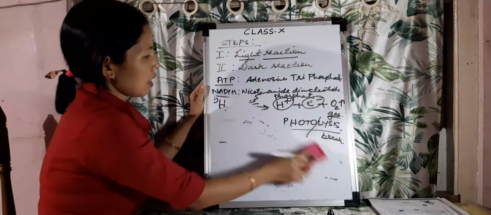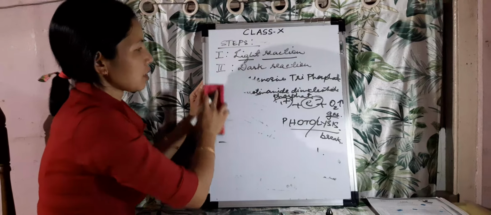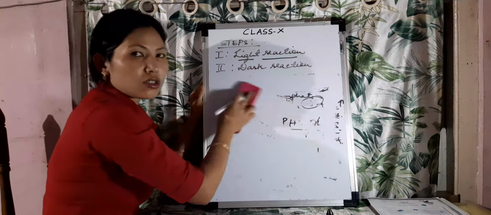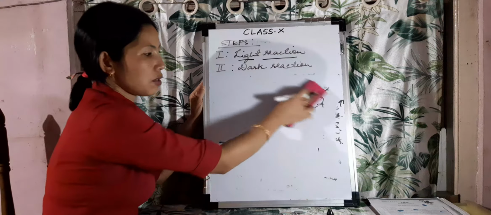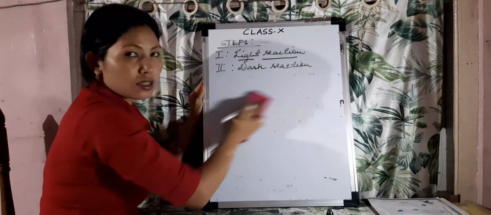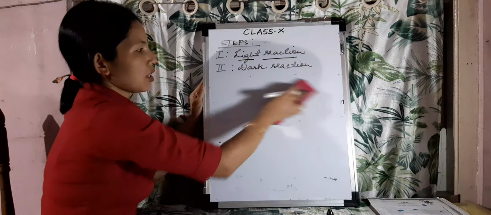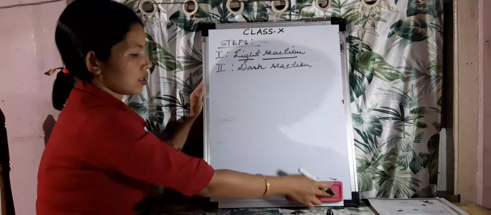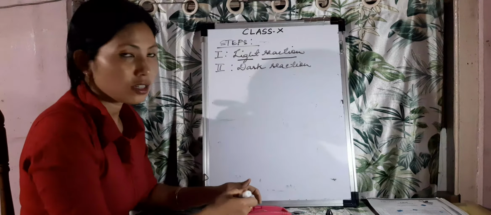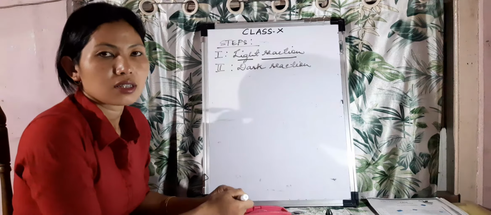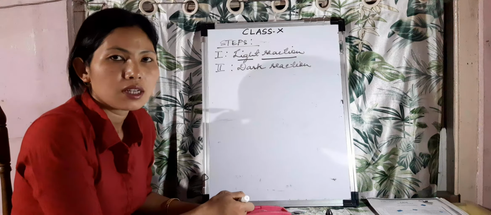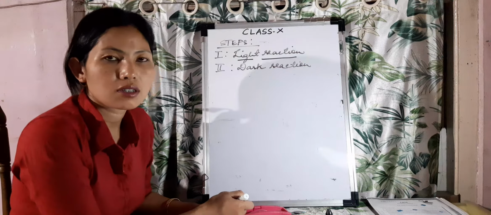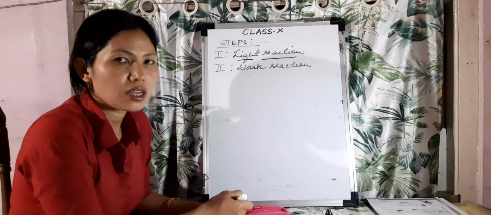So, as the name says, dark reaction, but it doesn't mean that it occurs only during the night time or in dark places. Dark reaction doesn't mean that the reaction occurs in darkness, but in fact, it means that the reaction does not involve the activity of light, or it does not need light for the reaction.